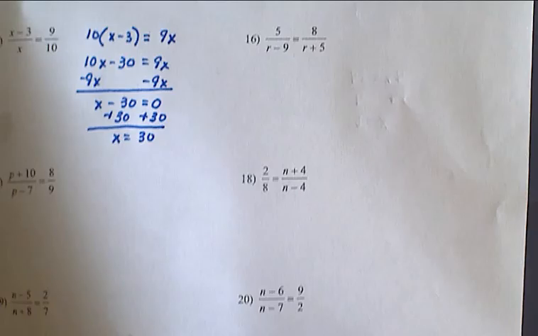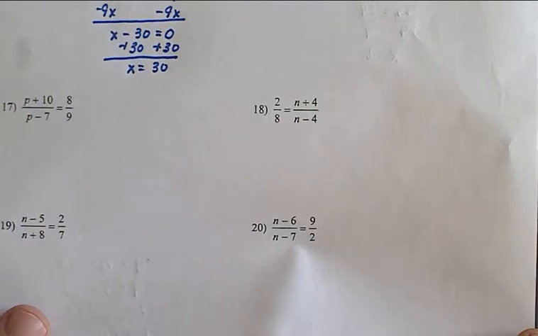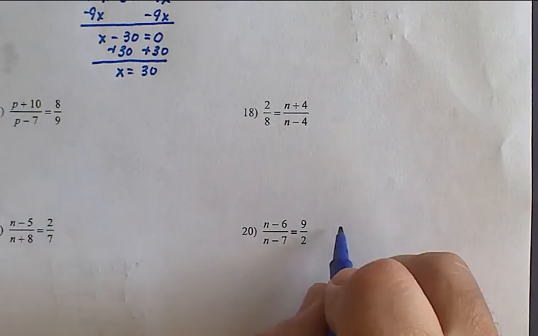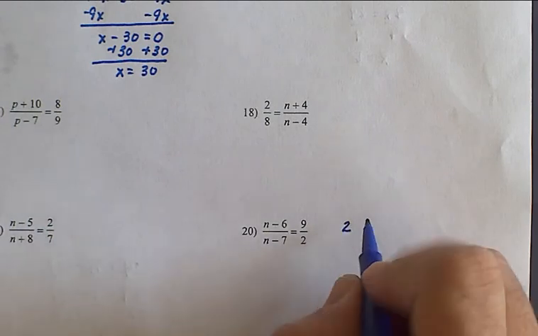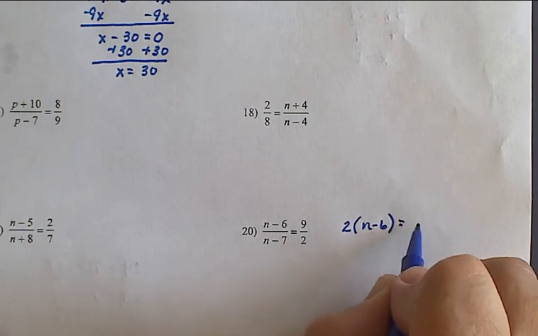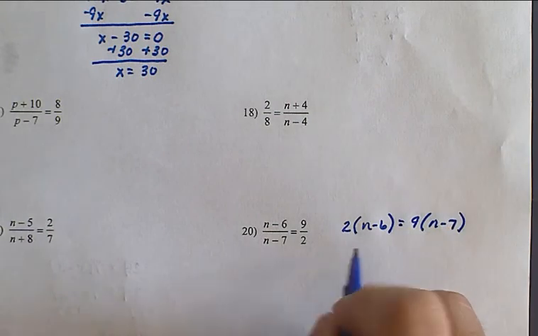Okay. And then lastly, number 20. Again, cross products, 2 times n minus 6 equals 9 times n minus 7. Take the cross products.